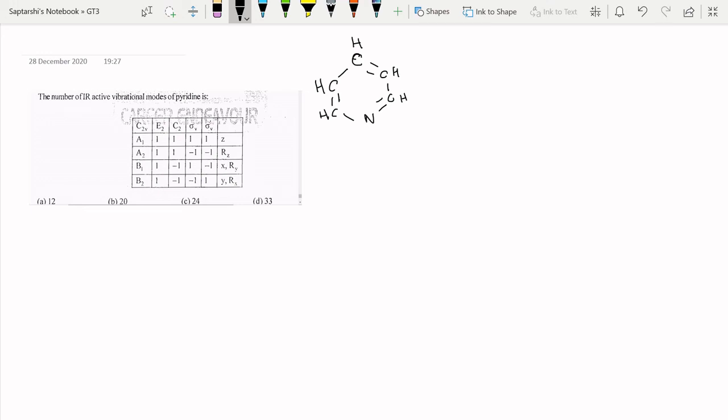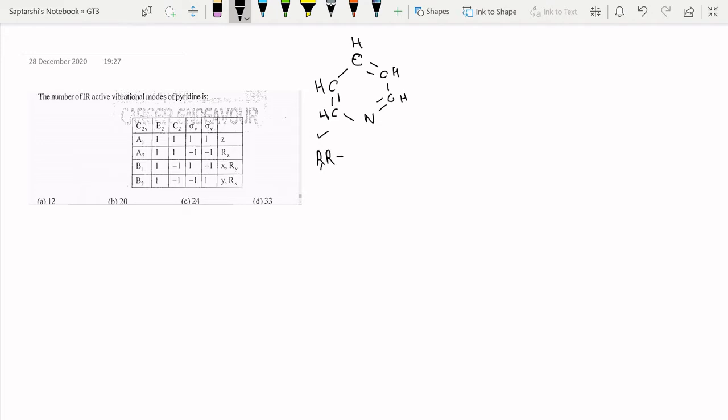Okay friends, so this is a very important example that I want to show you of finding the IR active vibrational modes of pyridine. To find out the IR active vibrational modes, we need to find out the reducible representation.